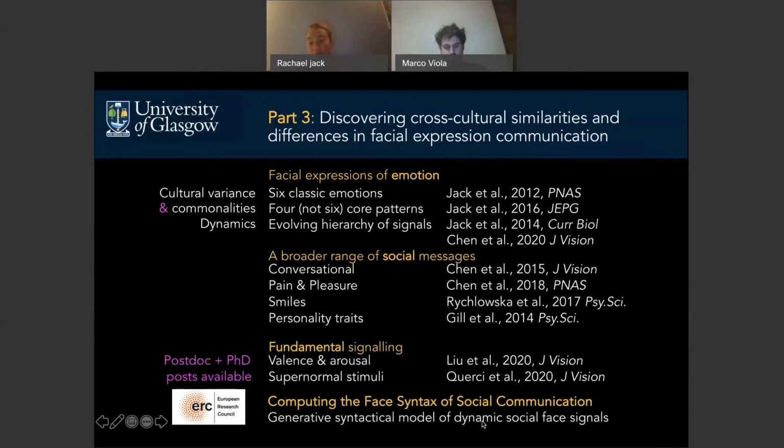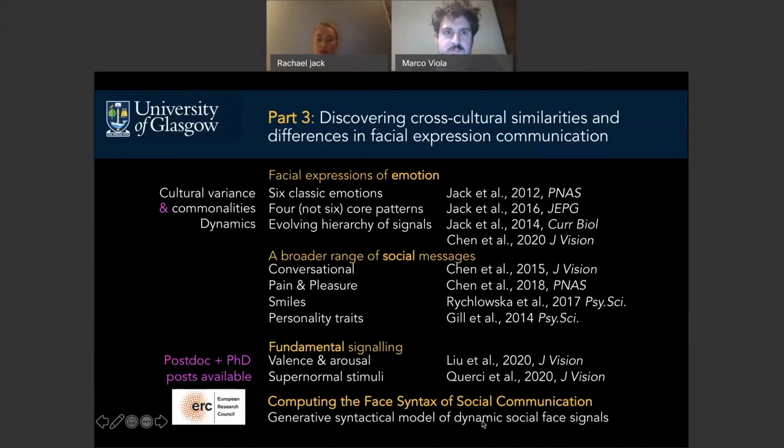One of the great benefits of using this agnostic approach, of course, is with different cultures, because our own intuitions as an experimenter might not be very useful. So this is a really powerful method to objectively examine facial expressions, particularly across cultures where, you know, we might not have much knowledge or intuition can't really guide us there.